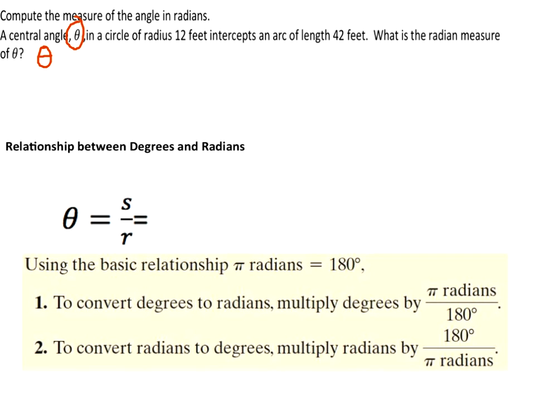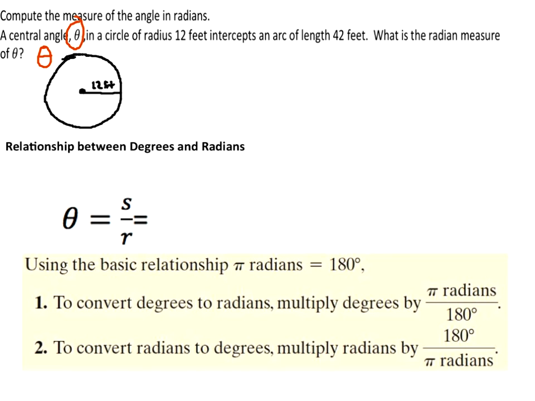Anytime you can draw a picture of something to help you visualize, it's always a good idea. So I have this circle with a radius of 12 feet, and it intercepts an arc of length 42.